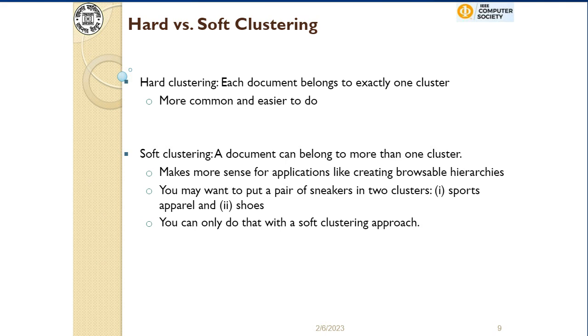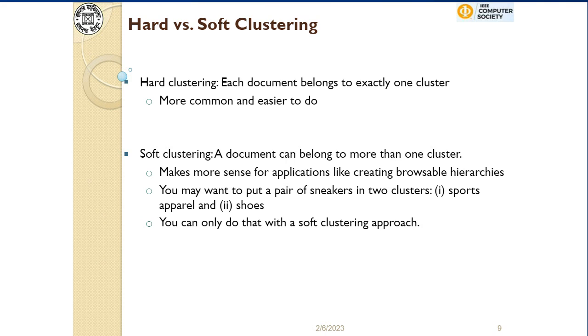But a slightly different variant is soft clustering, or fuzzy clustering, where you have the flexibility that a particular document can belong to more than one cluster. It becomes quite obvious if you take, for example, a pair of sneakers. The sneakers can be clustered in a cluster of sports apparel or shoes. In both cases it is true, because the sneakers can be designated as sports apparel, and at the same time they can also be treated as shoes.